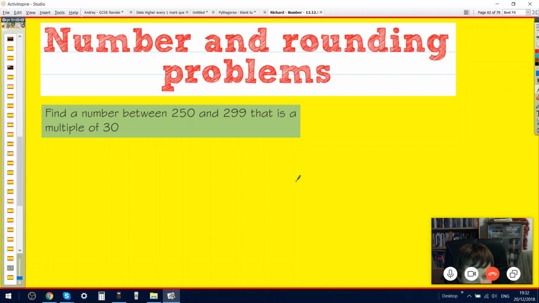Well, for starters, you can use the 30 times table to count up to a number that is in the 30 times table, but between 250 and 299.